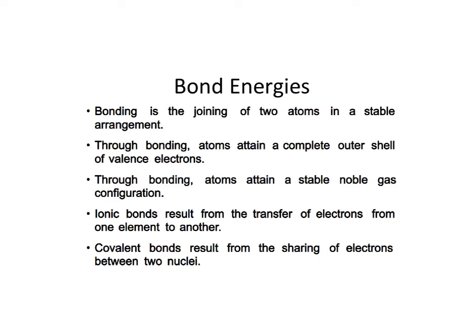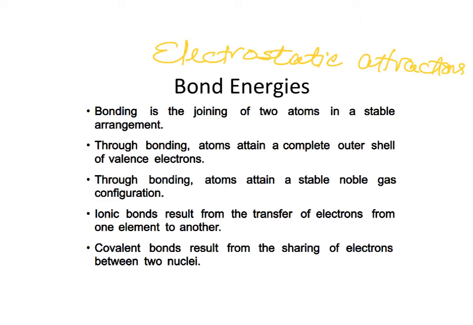This is a short lecture about chemical bond energies. And as a quick review, chemical bonding is an electrostatic attraction, which simply means the attraction between two oppositely charged particles.